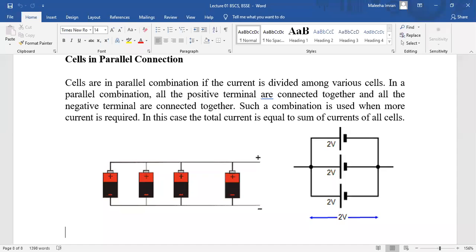So from here, we see that when the cells are connected in parallel, then what happens? When the cells are connected in parallel, then number one, the current will be different.